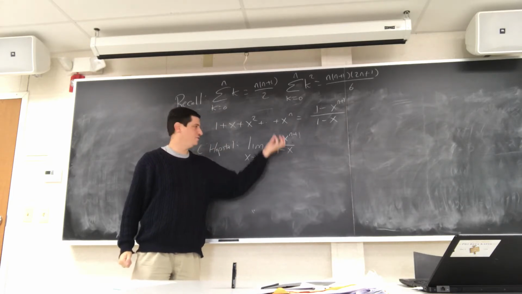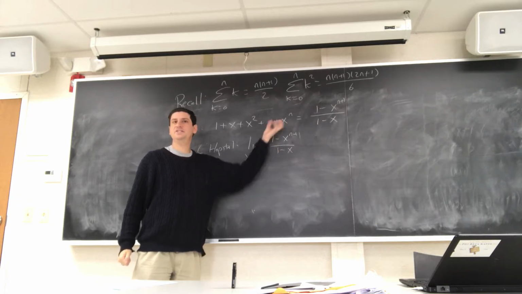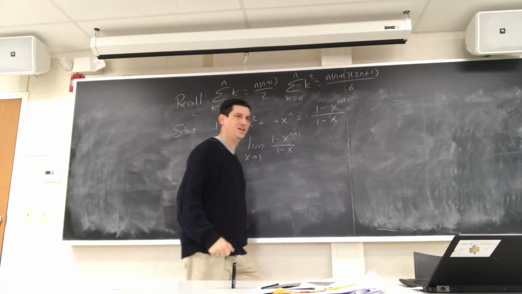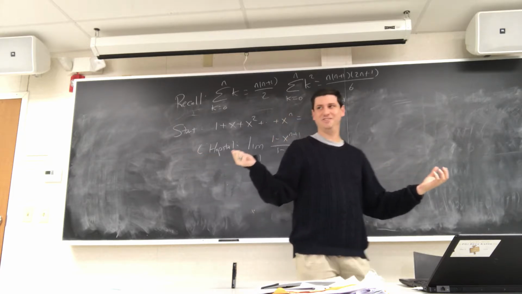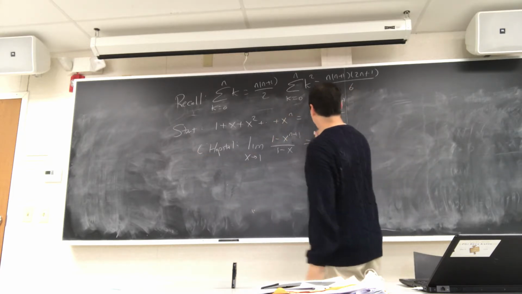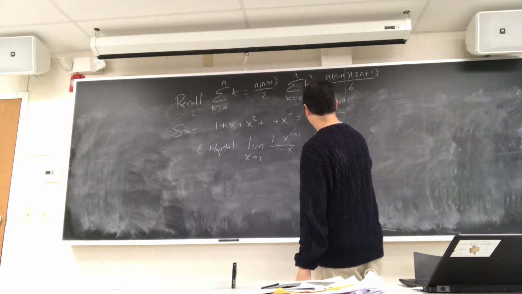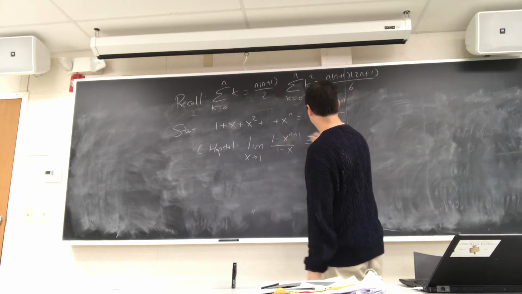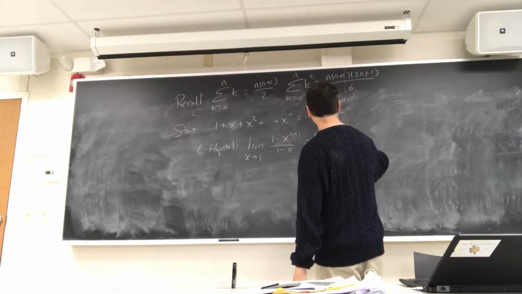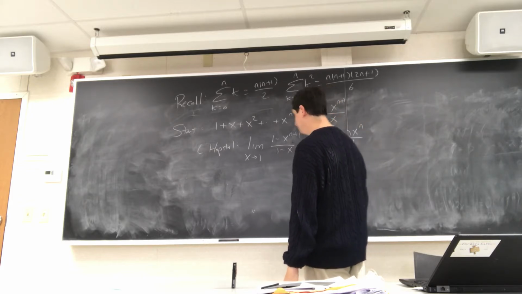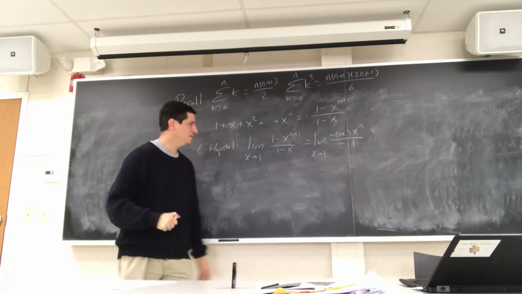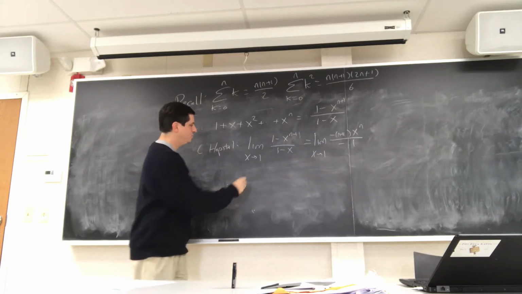So L'Hopital says if you have 0 over 0, then it's the same as the limit of their first derivatives. And if that's 0 over 0, do it again, right? So this would be the same as the limit as x goes to 1. Now we'll have a negative n plus 1 x to the n over negative 1. And that limit exists. The limit is just n plus 1.